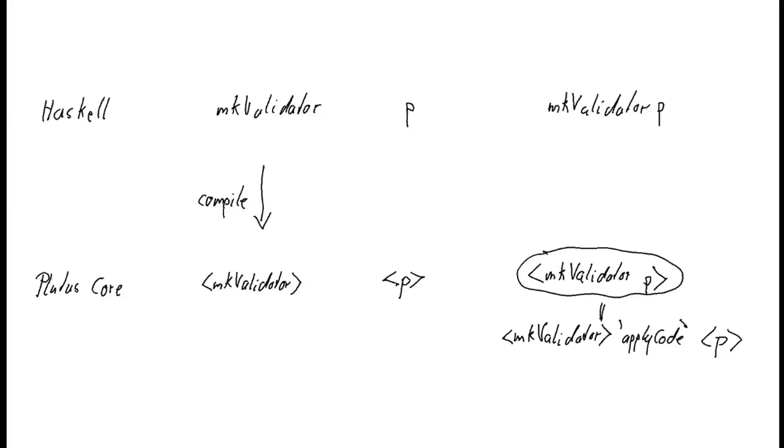That would be the same as this. But this looks as if it doesn't solve anything because we still need a compiled version of P. And we have the same problem that P is not known at compile time but only at runtime.